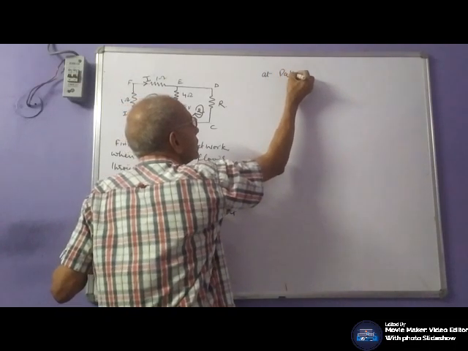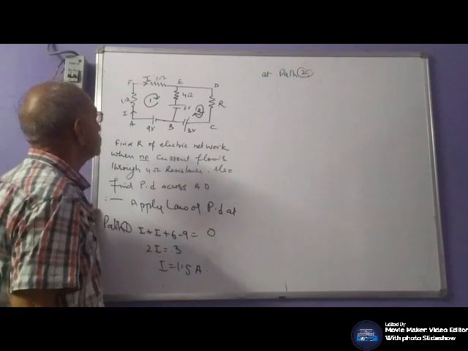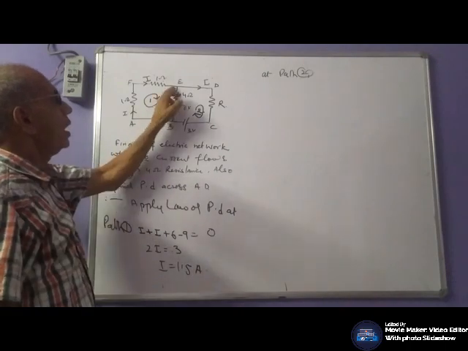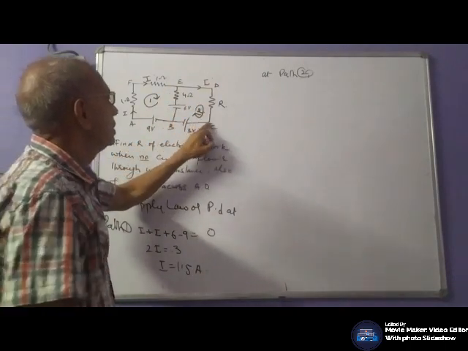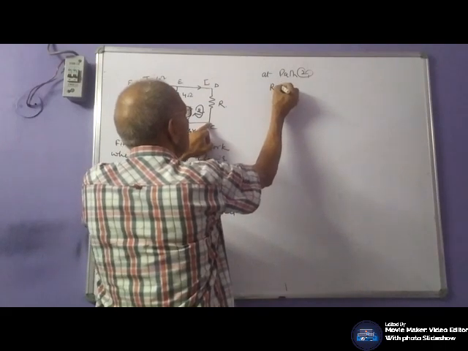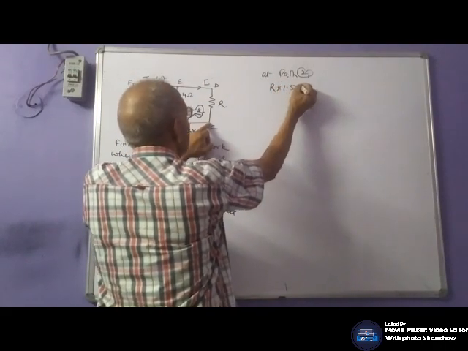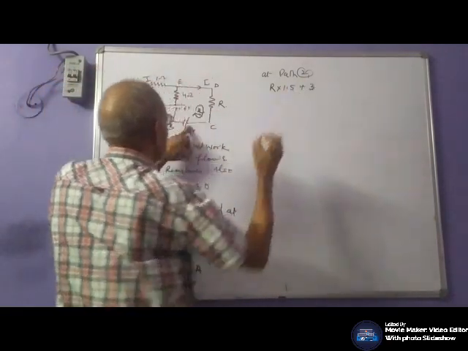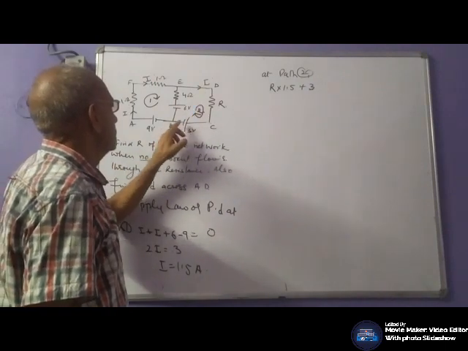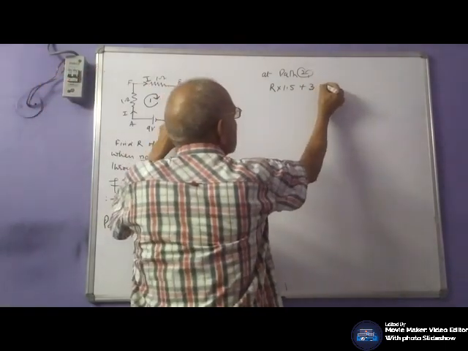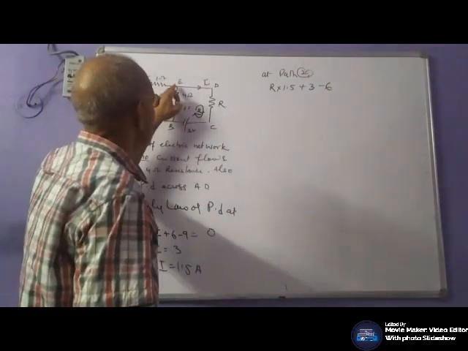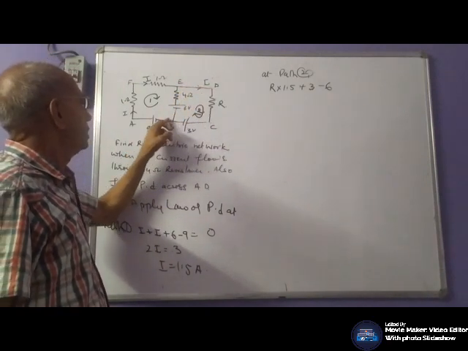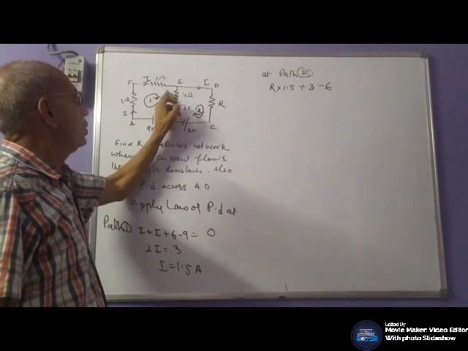At path second, no current passes through, here is I then. Ri, R0, Ri, plus 3, path minus 6, again Ri, R0, Ri, 0.